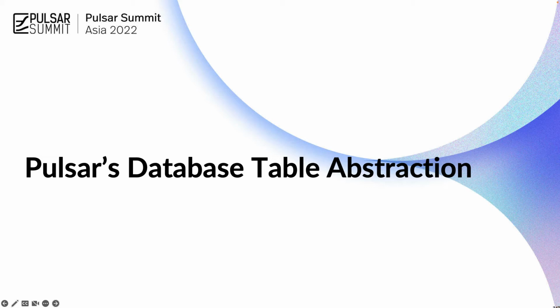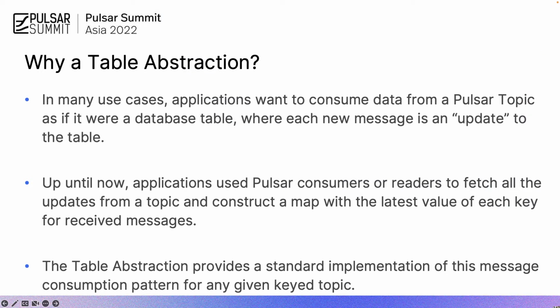Let's talk about Pulsar's data table abstraction and how it can help you develop some interesting applications using Pulsar as a data source. So why a table abstraction? Why is this necessary? In many cases, applications want to consume data from a Pulsar topic as if it were a database table, where each new message is an update to the table.